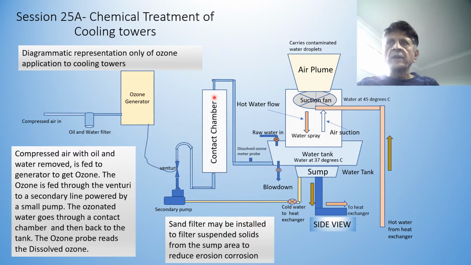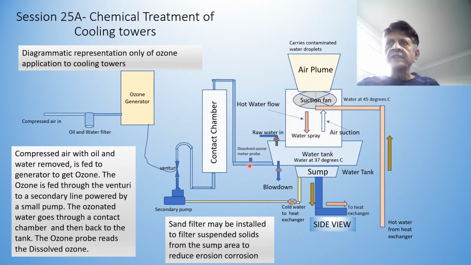The contact chamber gives sufficient contact time for the ozone gas to be distributed and dissolved, and by the time it arrives out of the contact chamber, most of the ozone would have dissolved in the water. This dissolved ozone is now pushed into the water circulation.